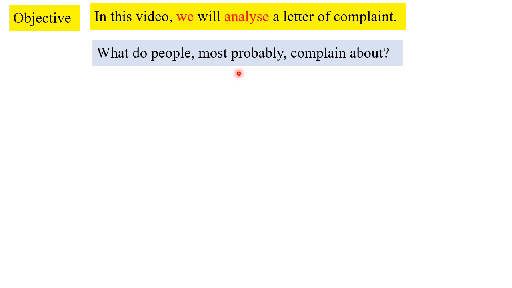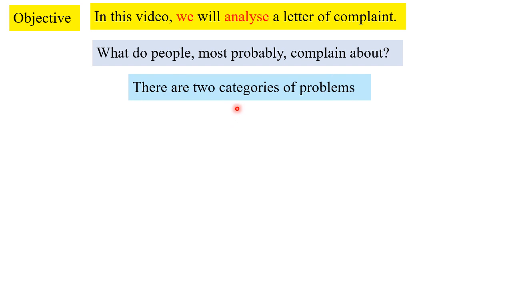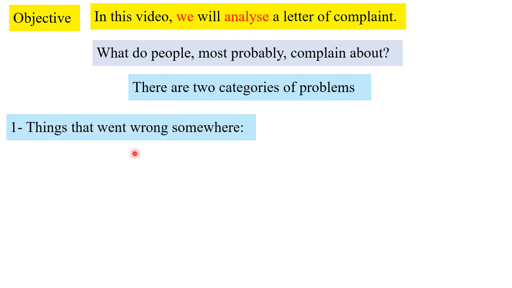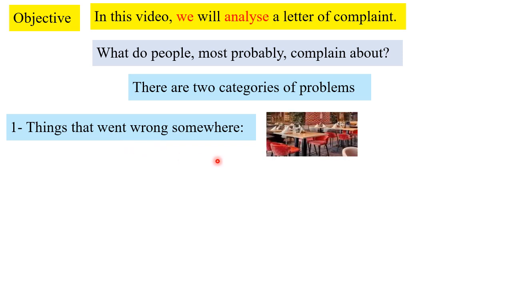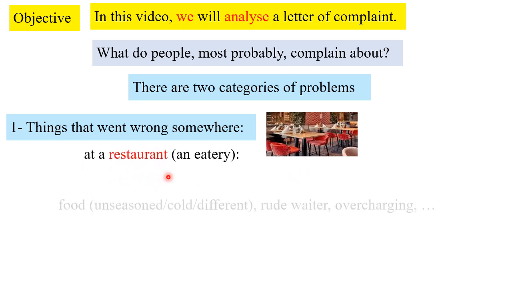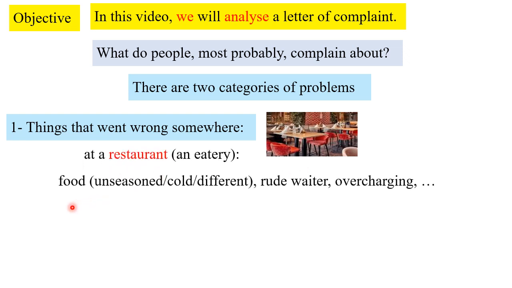But let's first begin with, what do people most probably complain about? We are going to deal with this point under two categories of problems. The first one is things that went wrong somewhere like this one. What is it? Yes, it's a restaurant or an eatery. The most common problems with people at restaurants have got to do with food.